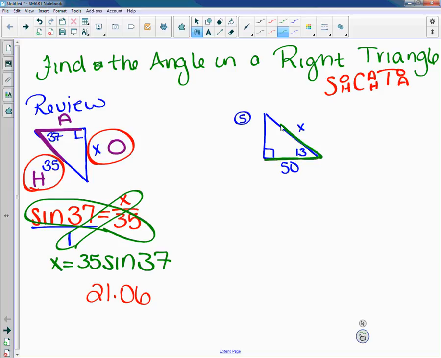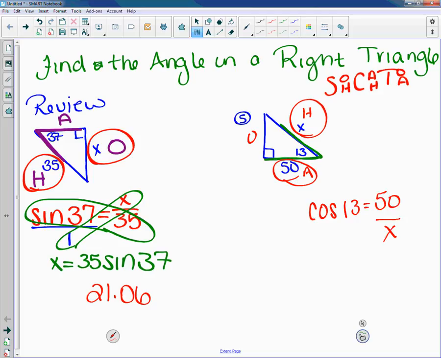So this is my H, the other side is my A, this gets an O. Is everybody with me? I have values for A and H, which is cosine. Cosine of 13 degrees is equal to 50 over x.